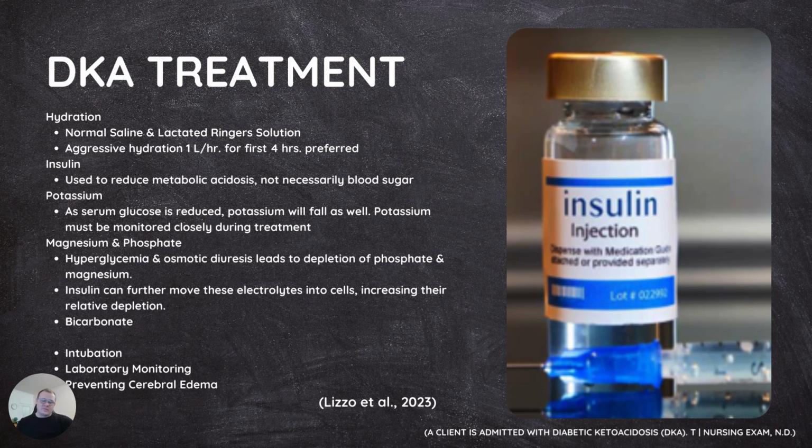So treatment for DKA, and this is something that I really enjoy, initially is hydration, and I'll probably bore you guys a little bit with this, kind of recounting my paramedic days. When we used to pick up a patient on the ambulance that had high blood sugar, most glucometers, if it's in excess of 500, just read high.